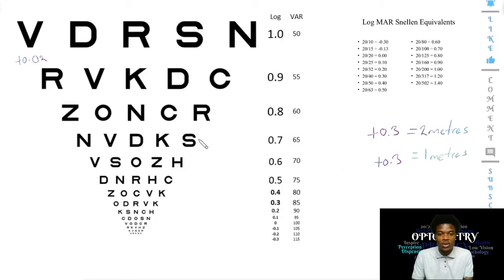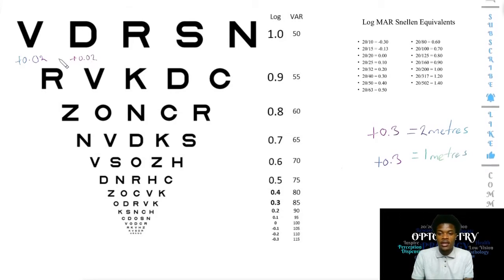In this example, we are using the 4-meter chart. Another thing to note, whatever letter the person misses on a line, you need to add 0.02 to the LogMAR unit. Same thing, 0.3 to the LogMAR unit if we have moved the chart. Let's say, for instance, the person missed possibly 2 letters.